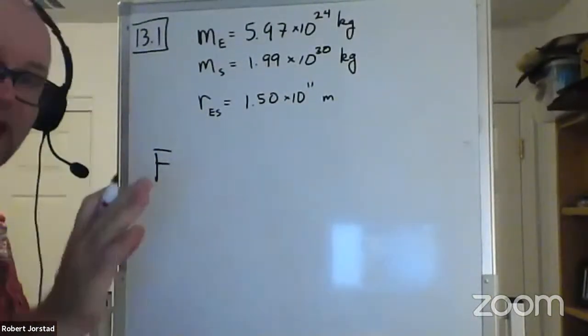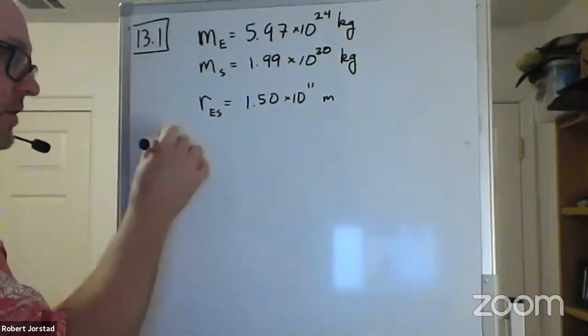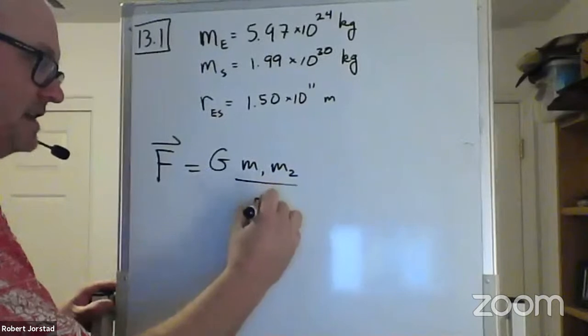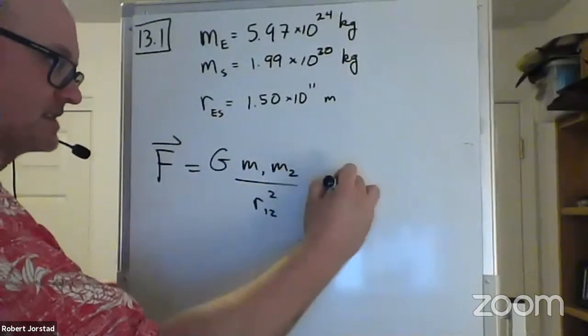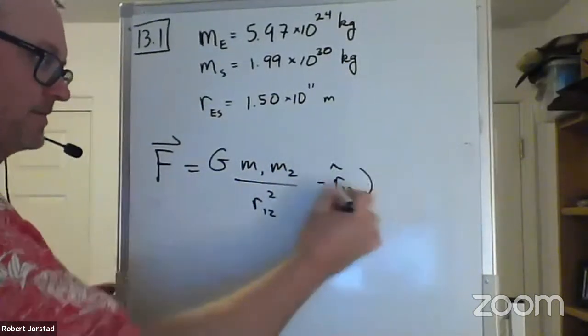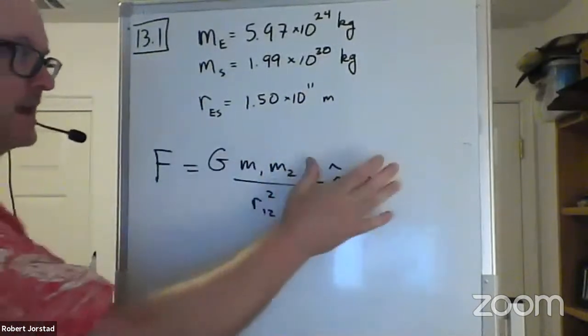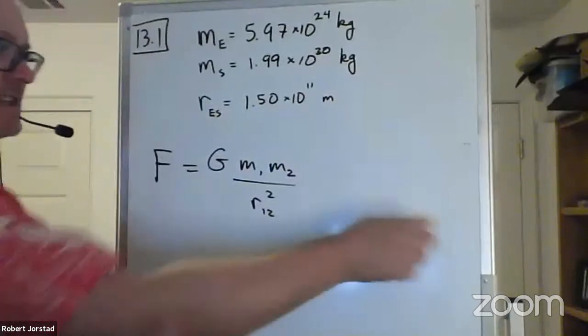I want the force magnitude. Well, the force is G M1 M2 over r12 squared in the minus r12 hat direction. But if I just want the magnitude, I just take off the hat vector and we just get the magnitude.